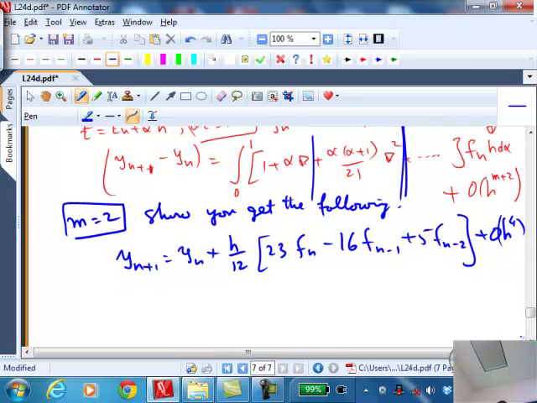So fill in those intermediate steps and let's discuss what this method means.